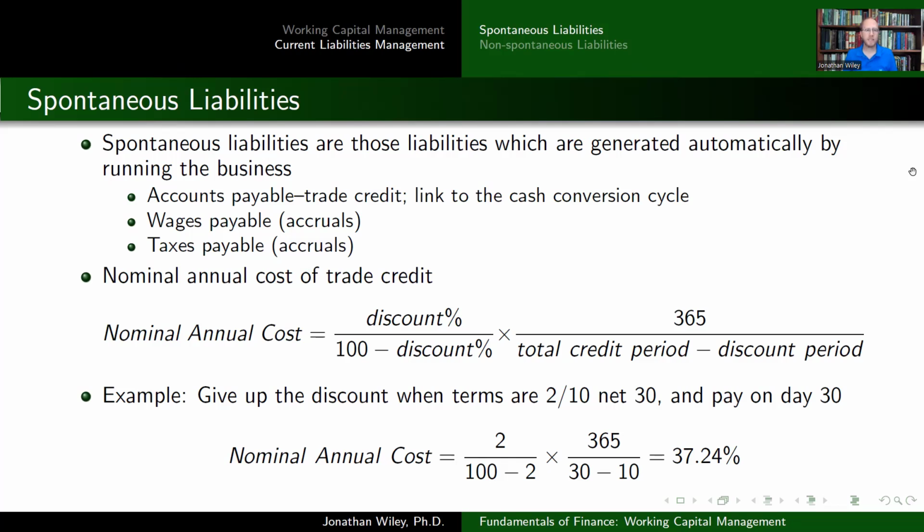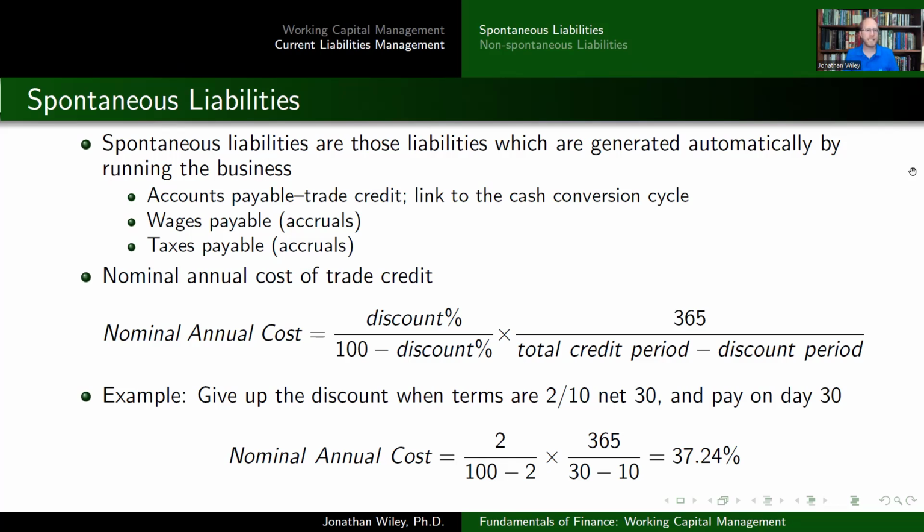Basically what that's telling us is what this looks like if I give up the discount. To calculate it, you look at the discount percentage over 100 minus the discount percentage. What that's calculating is approaching this from an opportunity cost standpoint. If I pay within 10 days, then I'm getting a discount; I'm paying a lower fee. If I pay after, then I'm going to switch my perspective on this.